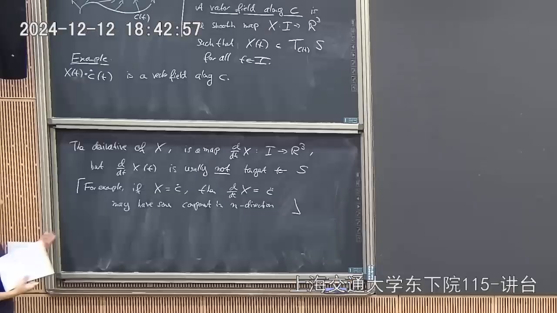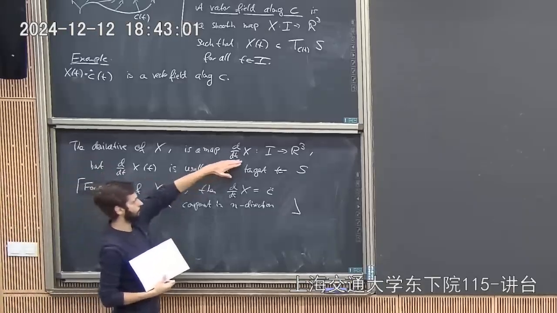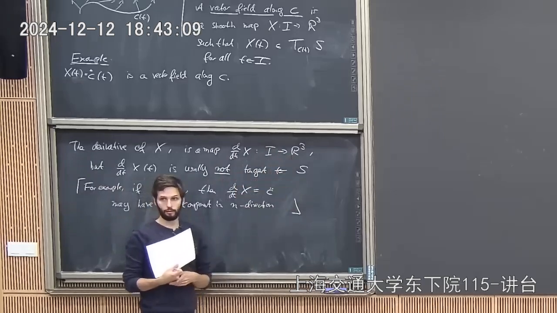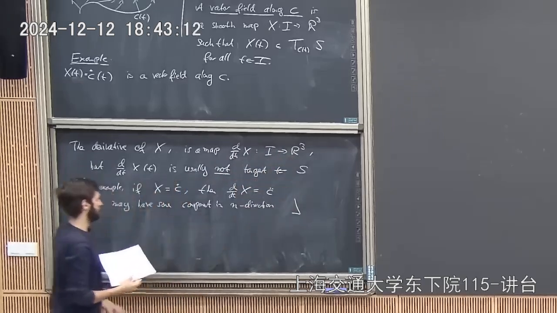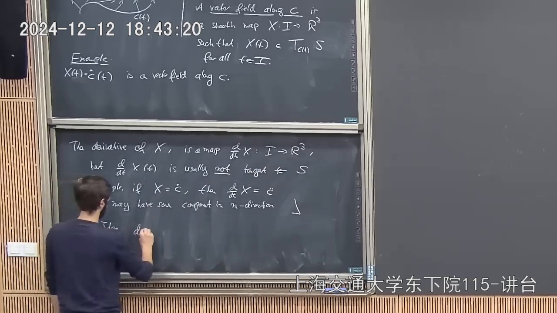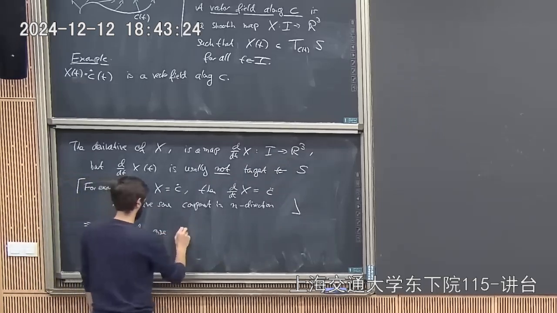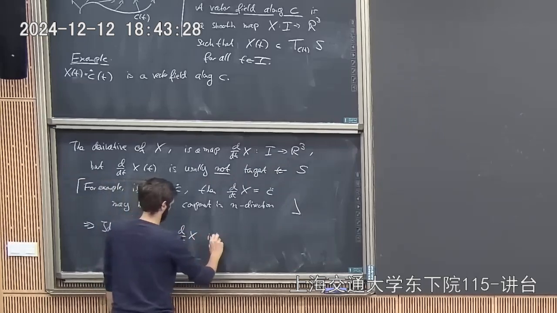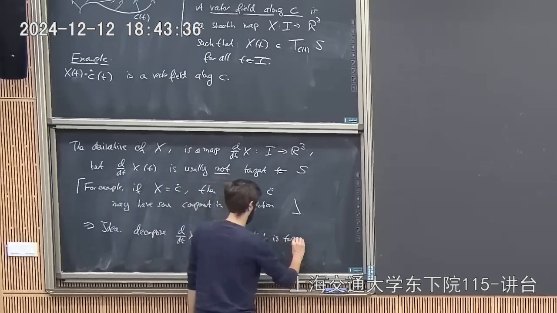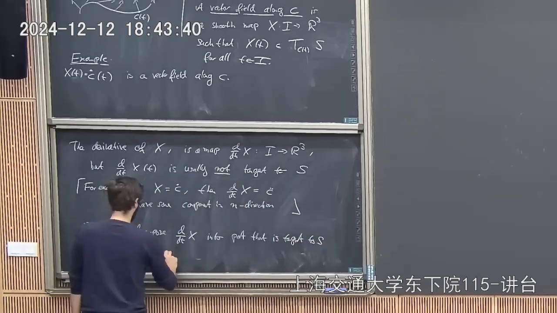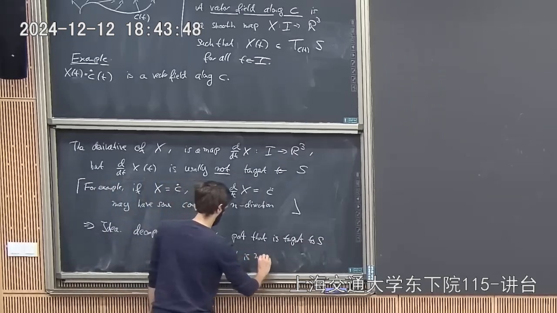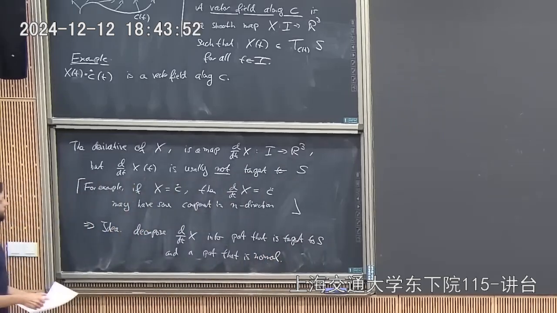So the main idea now is to start with such an x, take its derivative, which gives us a vector, and then we decompose that vector into something that is tangent to S and something that is not tangent to S, so something that is normal. So that's the idea.